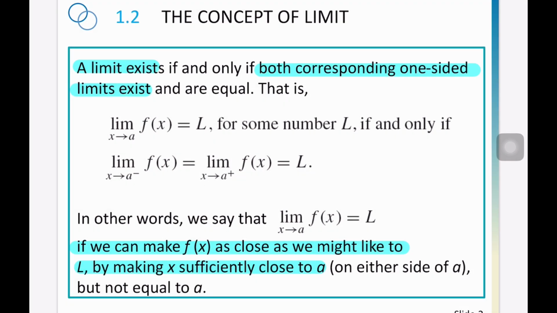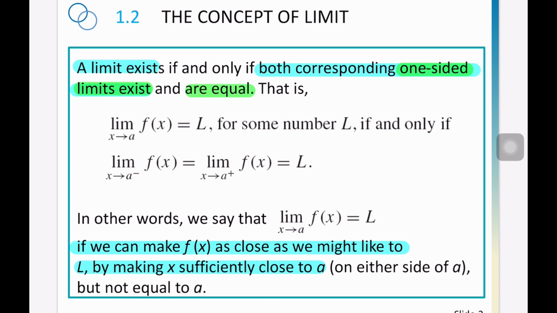Now how can we know if a limit exists or not? A limit exists if and only if both corresponding one-sided limits exist and are equal to each other. So there are two conditions: both one-sided limits exist and they are equal to each other.